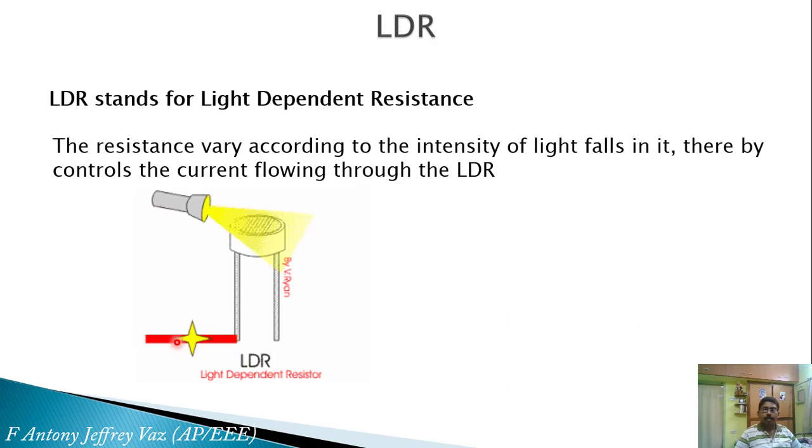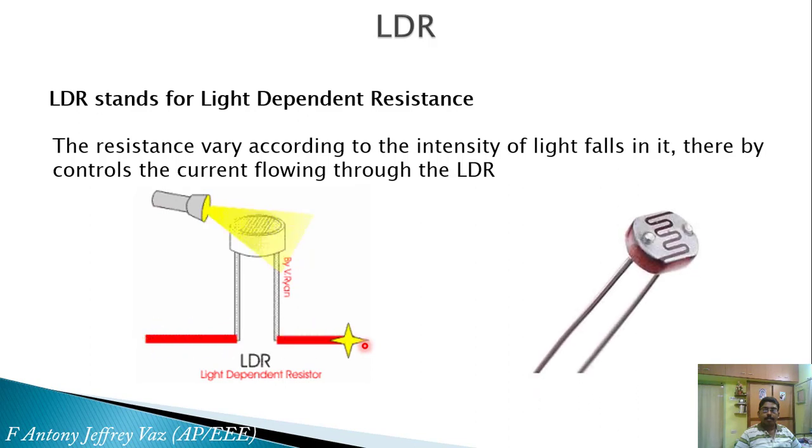If there is no light, the current stops here. It is used in many hobby projects to detect whether light is present or not. This is the physical component view of the LDR.